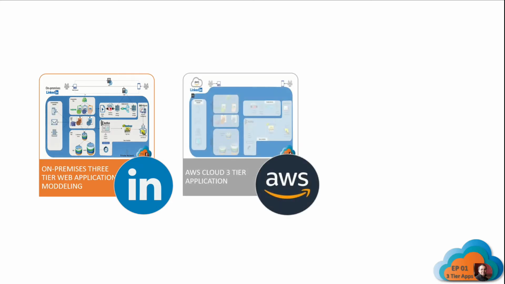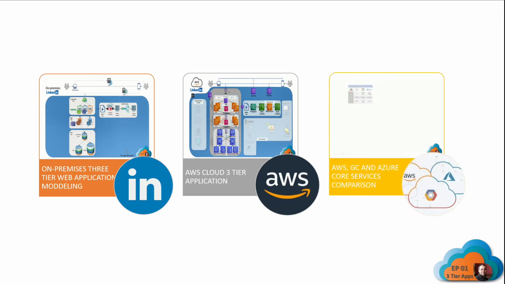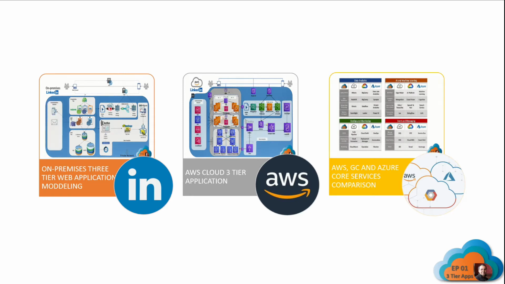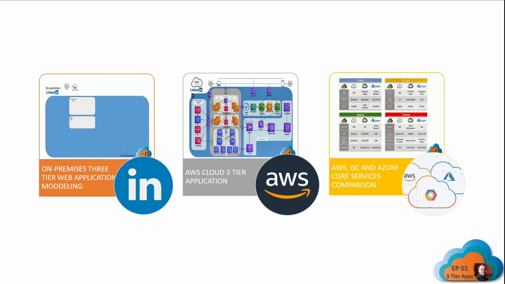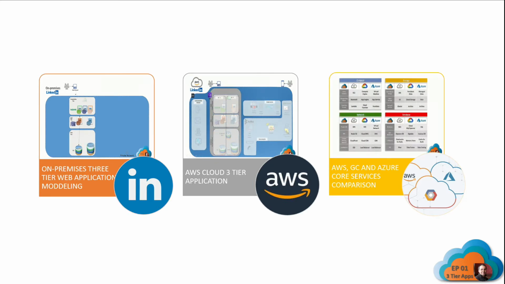Next, I'm going to show you how we can duplicate the same model on Amazon Cloud and how we can leverage different Amazon Cloud services to build and form our application. And finally, we will take a look at 2 other major cloud providers and translate every Amazon Cloud service into their Google and Microsoft cloud equivalents.